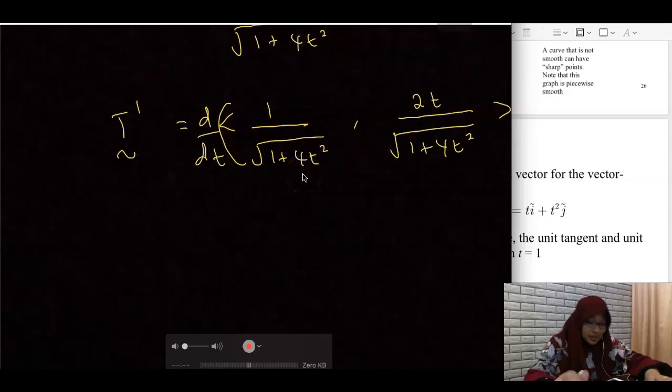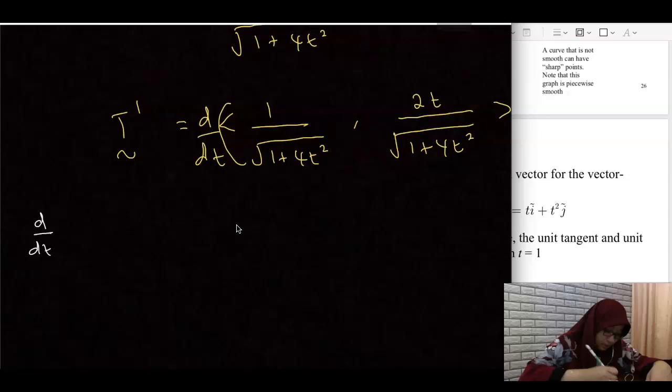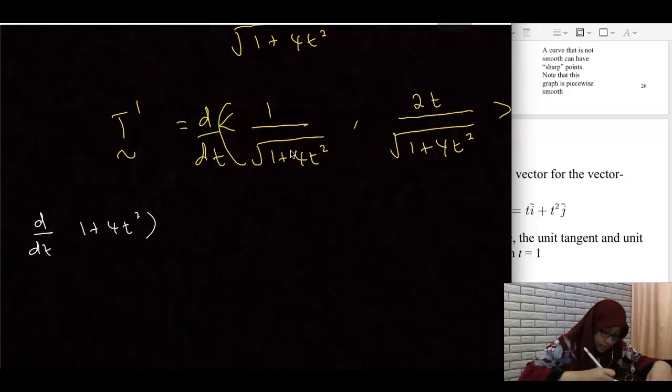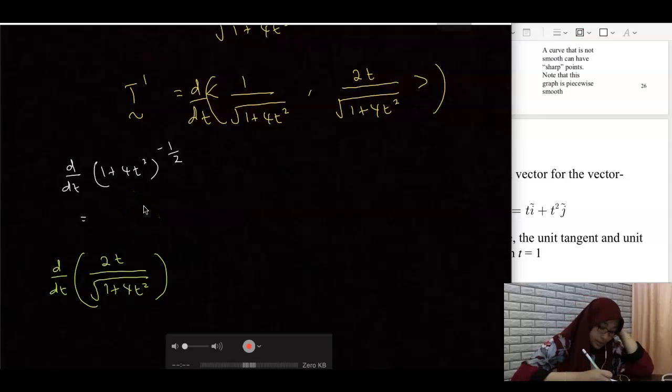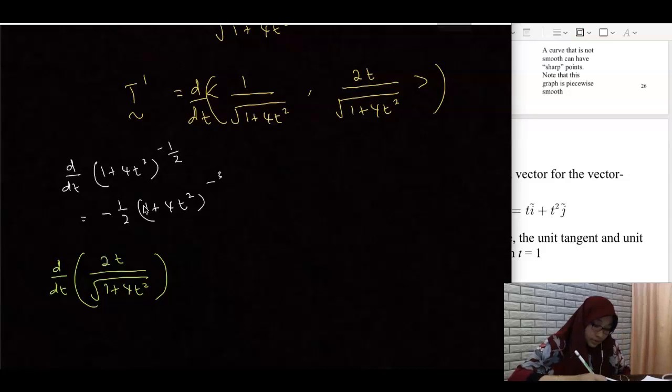So you have to implement the chain rule. First here we compute the derivative of this one, which I rewrite as (1 plus 4t squared) to the power of negative 1 over 2. When we differentiate, we have negative 1 over 2, (1 plus 4t squared) to the power of negative 3 over 2.